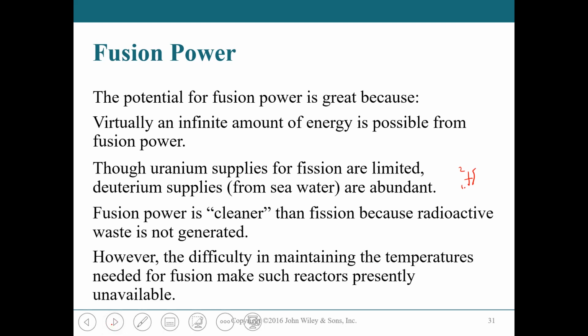The problem with fusion is that we need really high temperatures to do it, and that really high temperature is pretty difficult to achieve. So we just don't have fusion reactors currently that can maintain those temperatures.